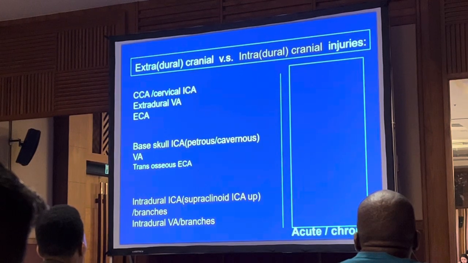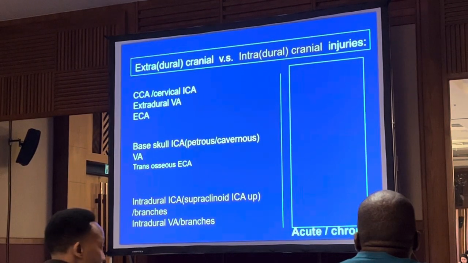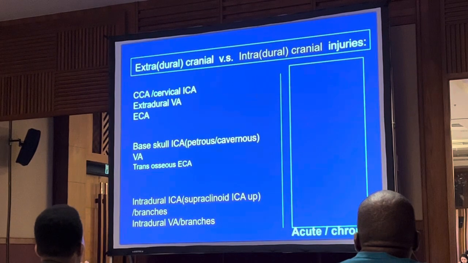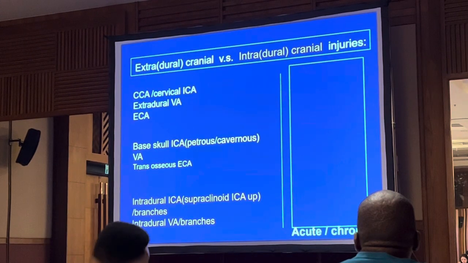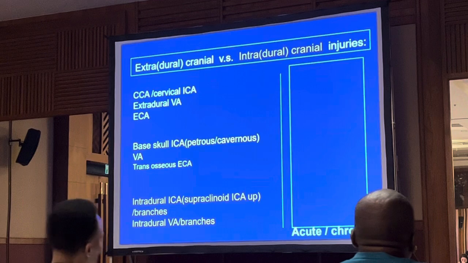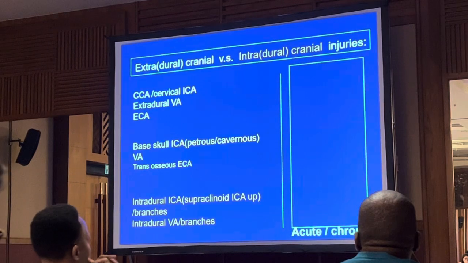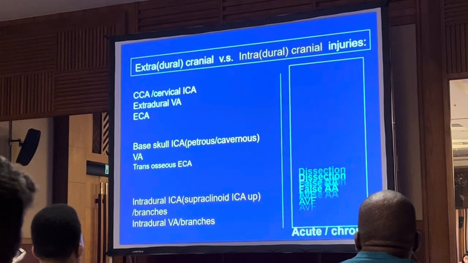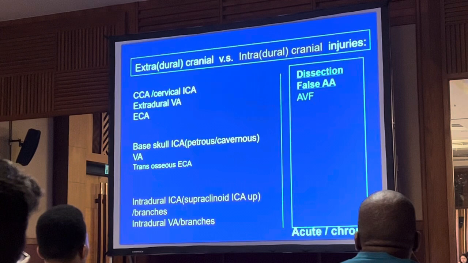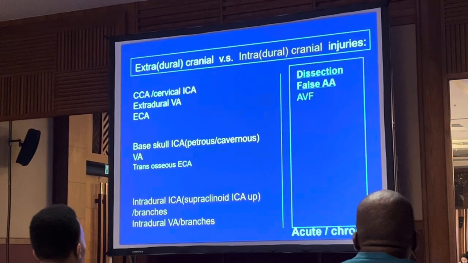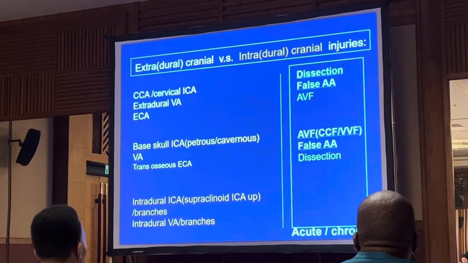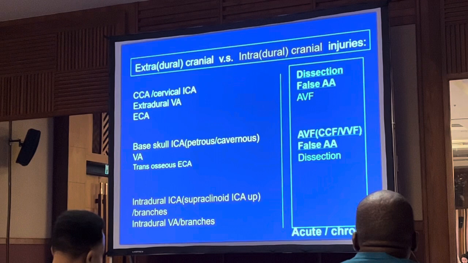What I try to write here is that you have the skull base in the middle, between extracranial and intracranial or dural. The vessels are usually shown there, and what I write here is the common pathology down to the relatively uncommon at each level.